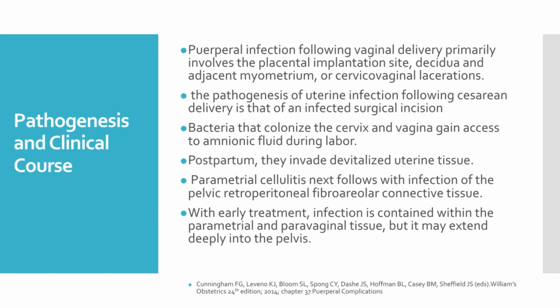Postpartum, they invade the devitalized uterine tissue. Parametrial cellulitis next follows with infection of the pelvic retroperitoneal fibroareolar connective tissue. With early treatment, infection is contained within the parametrial and paravaginal tissue, but this may extend deeply into the pelvis.